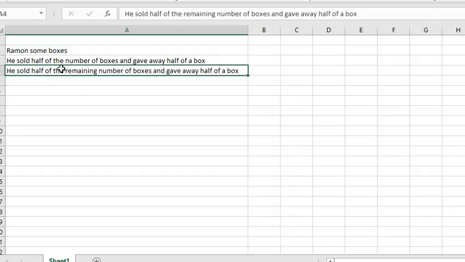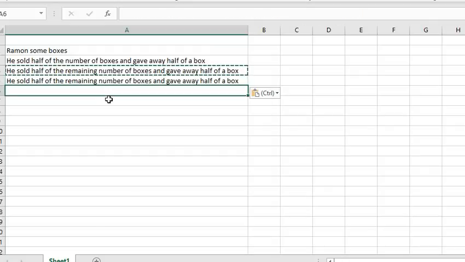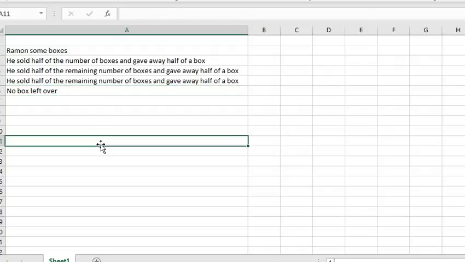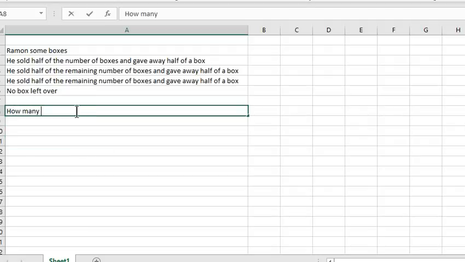And finally, he did this again. And the ending is that no box is left over. And the question is, how many boxes does he have originally?